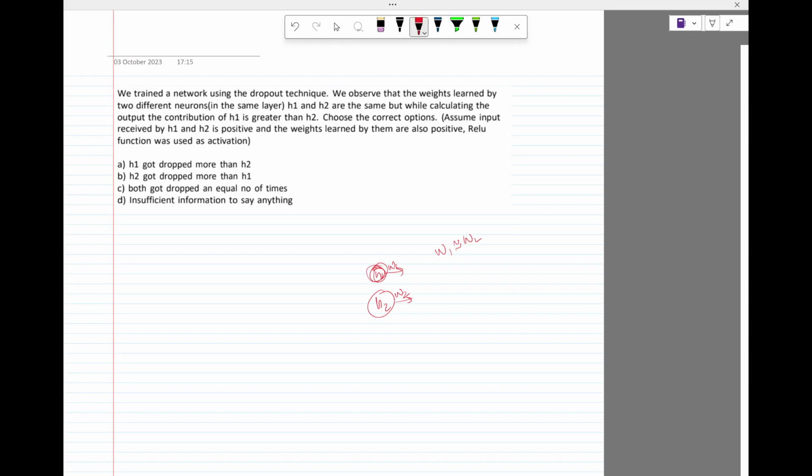That means H2 got dropped out more. That's why it is not really contributing to the output.